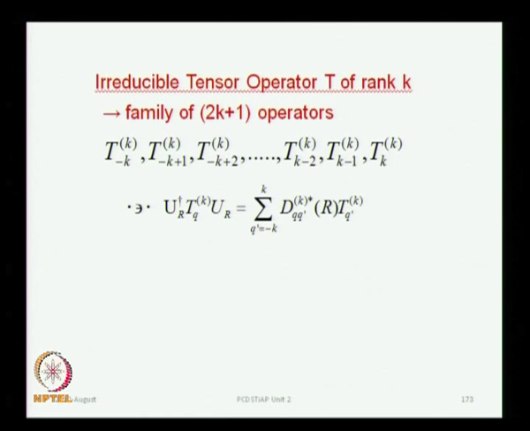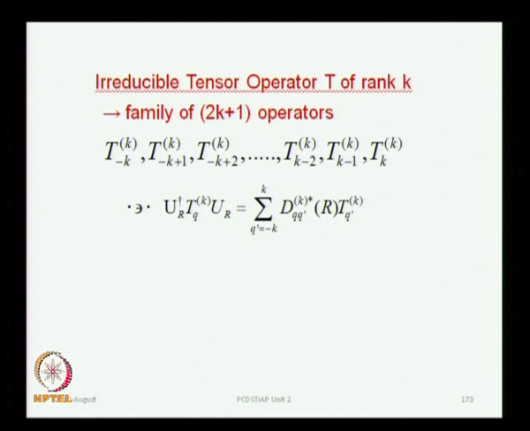So, I will first define what is called an irreducible tensor operator, ITO. An irreducible tensor operator is defined to be one of rank k, and it is actually not just a single operator, but a family of operators. This family has a certain number of members.